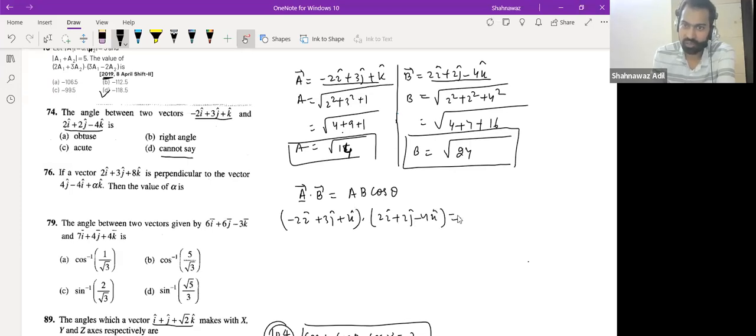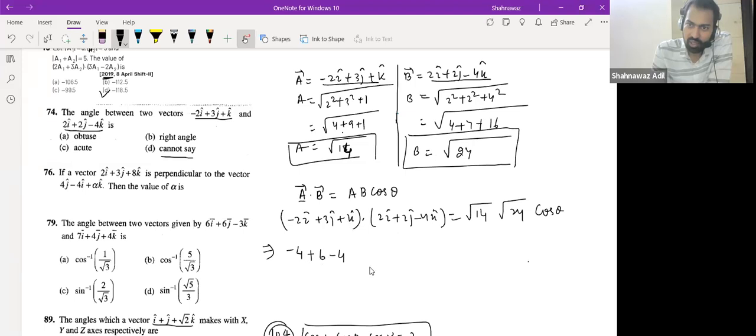And A is root 14 and B is root 24, and cos theta. So you guys see that this is why the dot product is important. And this is -2 into 2, so -4, and this is 3 into 2, so 6, and -4. So this is root 14 into root 24 cos theta.